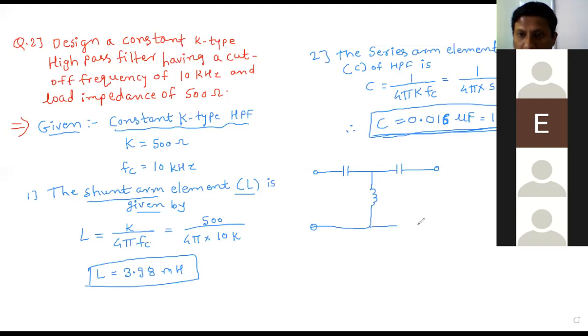This is the T section. This is 2C and inductor L. This is C, this is 2L, and this is 2L.